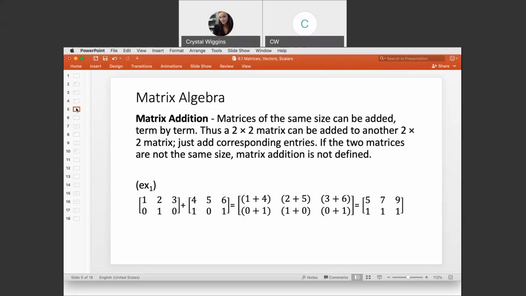Now, some matrix algebra that we need to brush up on. Well, I shouldn't really say brush up on, because some of you may not have any matrix backgrounds, and that's fine. When we're adding 2 matrices, they have to be exactly the same size. So again, this is a 2 by 3.